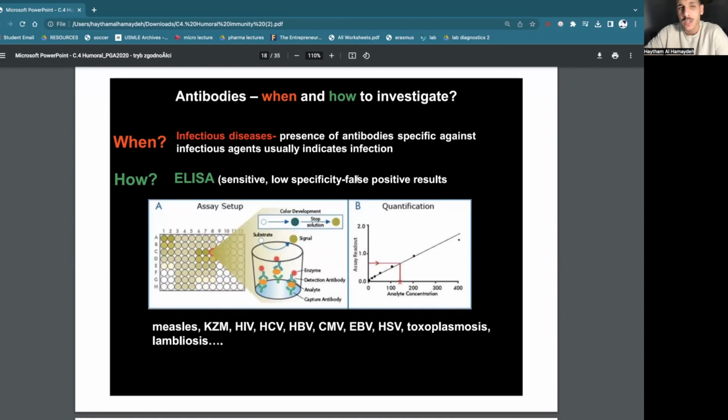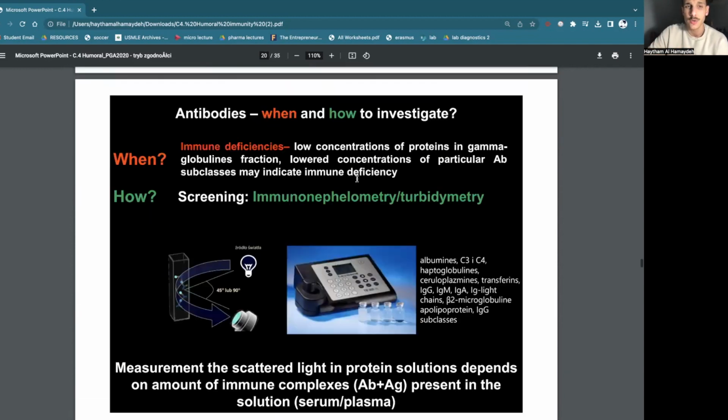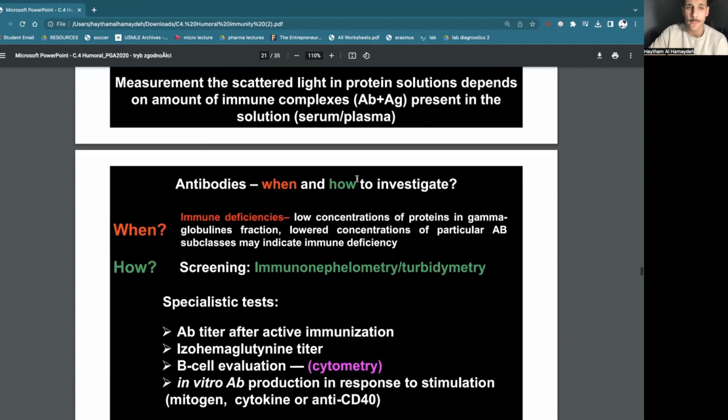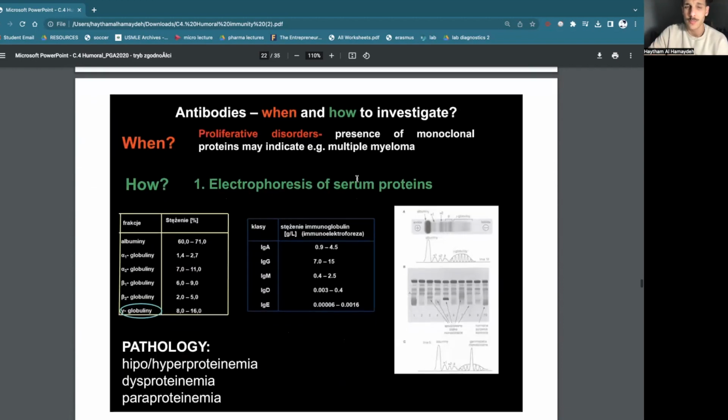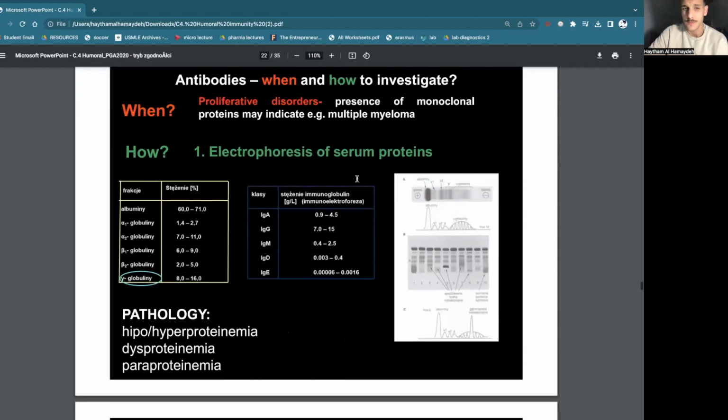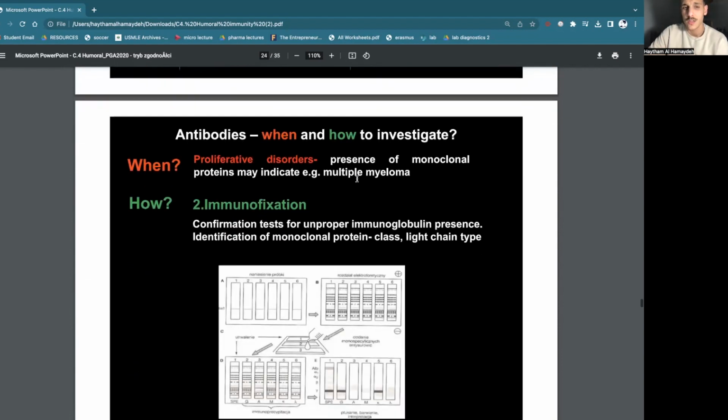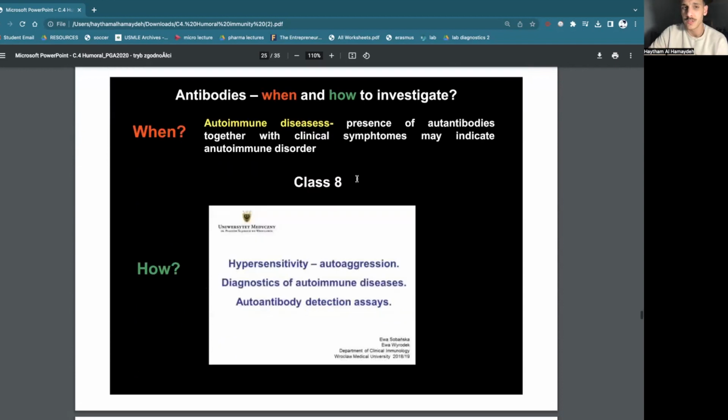Antibodies. Okay. How can we detect their presence? When are we suspicious whether antibodies are present or not? During infectious diseases, during immune deficiencies, during proliferative disorders, during autoimmune diseases.